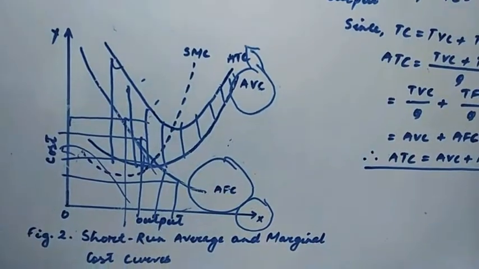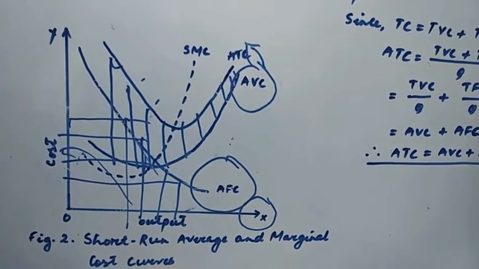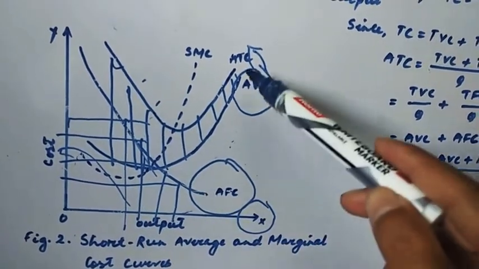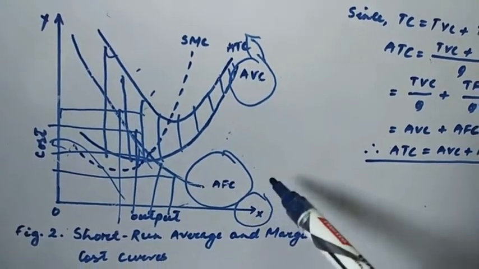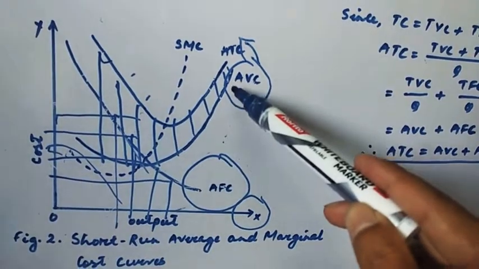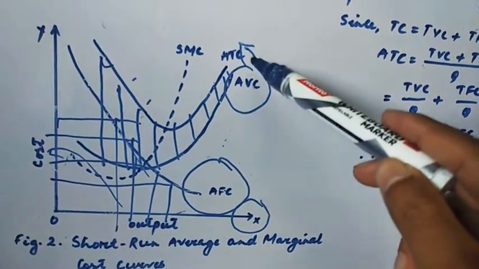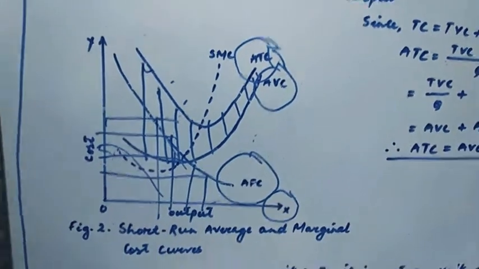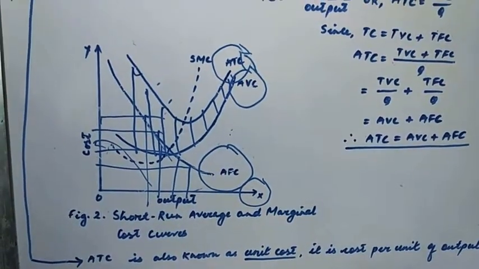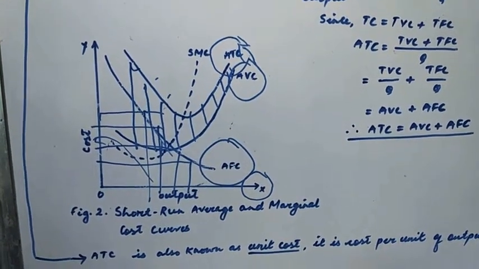So that is the relation they have. When average fixed cost is approaching the x-axis, average variable cost will approach the average total cost curve. So that is the explanation for figure 2.